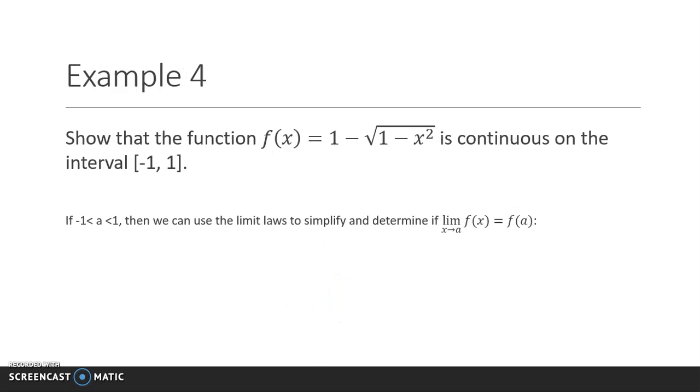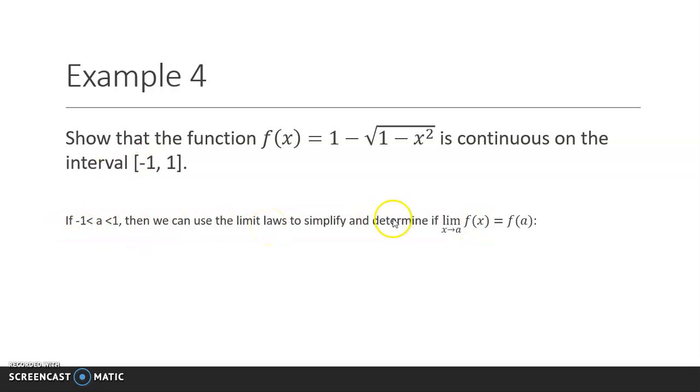In example 4, it asks us to show that the function f of x equals 1 minus the square root of 1 minus x squared is continuous on the interval -1 to 1. Okay, so what I'm going to do is use the limit laws, and this is my little note to you.